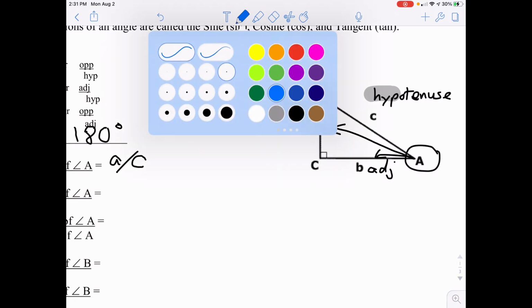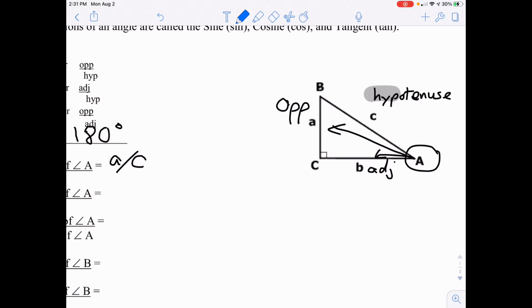And if we reference angle B over here, well, this side over here is opposite angle B, and this side now becomes the adjacent side. So I want you to notice that as we go from one angle to the other angle, the role of that side becomes switched. What was the opposite side now becomes the adjacent side. What was the adjacent side now becomes the opposite side.